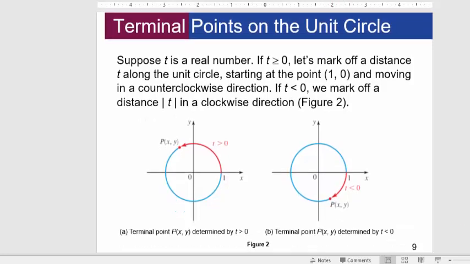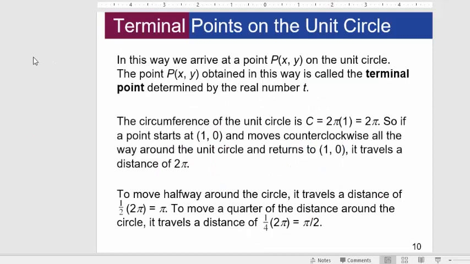Okay? So in this case, t is some positive value because I rotated counterclockwise, and in this case, t is some negative value because I rotated clockwise. So what happens? You arrive at a point on the unit circle, which will be called the terminal point, determined by the real number t, right?